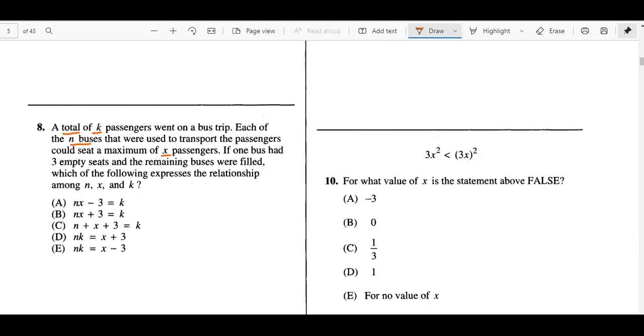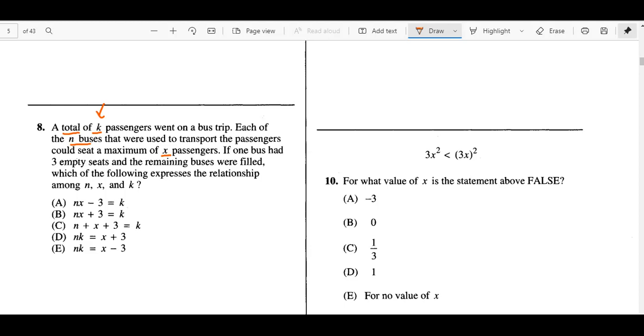So the total number of passengers was k, and we used n buses, and every bus had the capacity of x passengers only, right? So just be clear with what k is. K is the total number of passengers, n is the total number of buses, and x is the maximum number of passengers which a bus can accommodate, right?